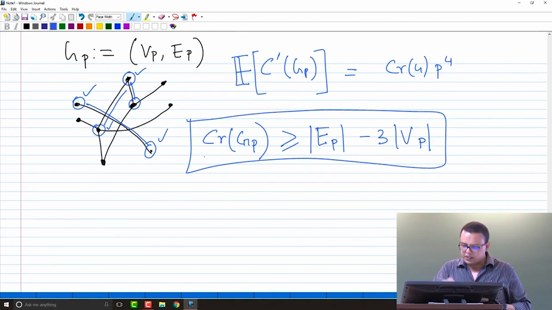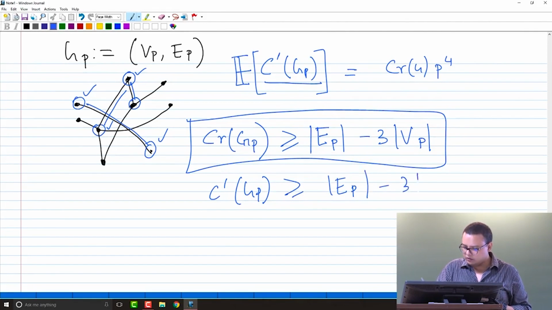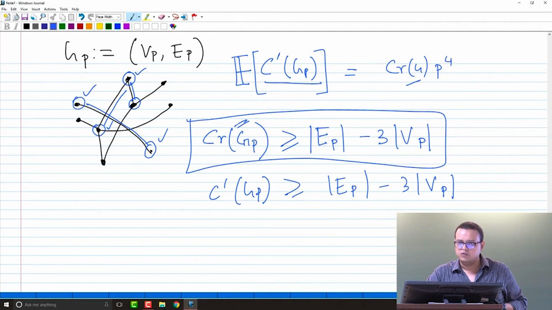This C prime of GP is obviously bigger than CR of GP, right. So you expect C prime of GP to be bigger than this also, because CR of GP is the minimum crossing number of GP.